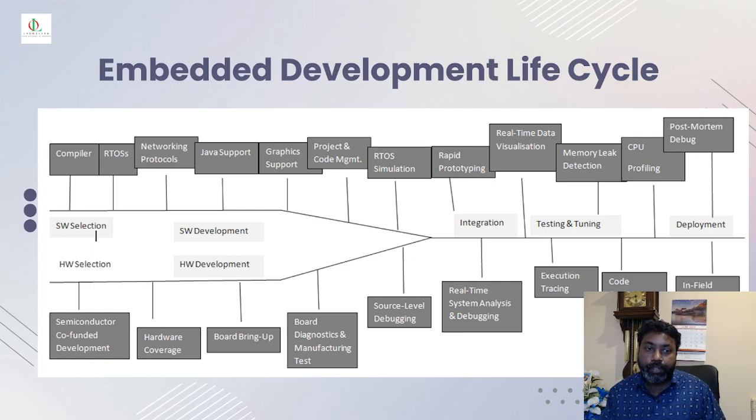Let's start off with the software side. First, you need to choose the processor and the development tool. So the software selection is first. You need to choose the right compiler that suits your design and your customer requirements. Then you need to choose whether your project needs a real-time operating system or just a simple program.